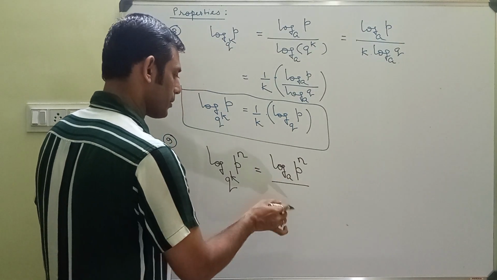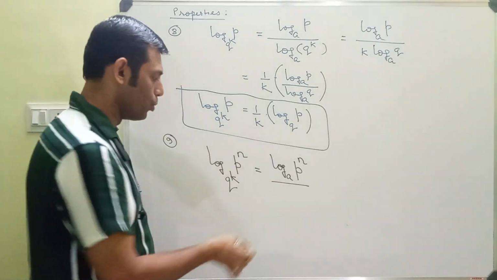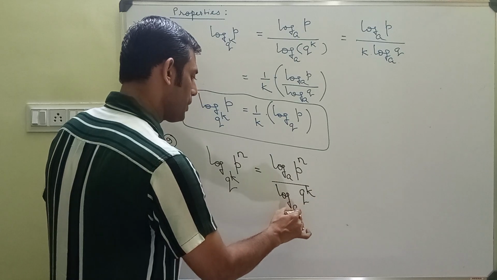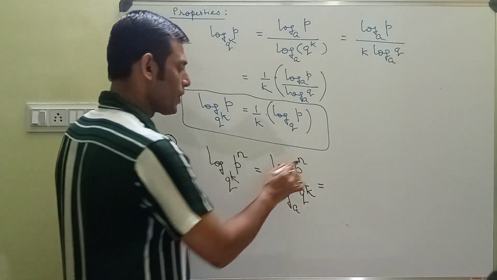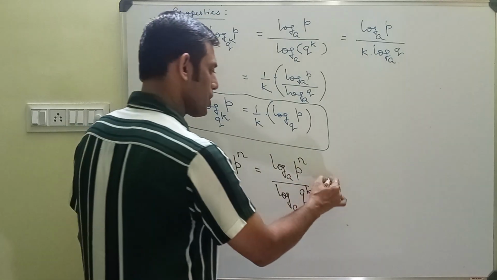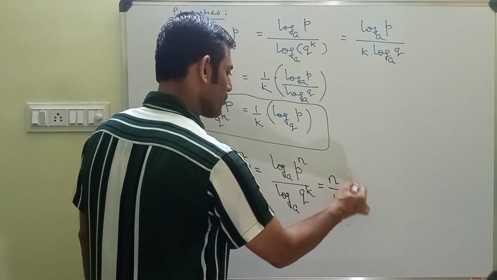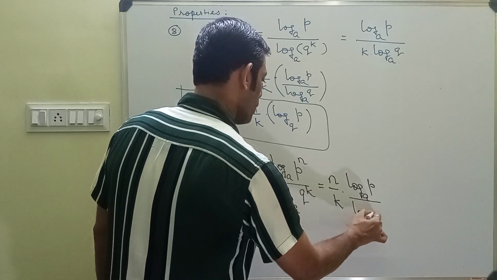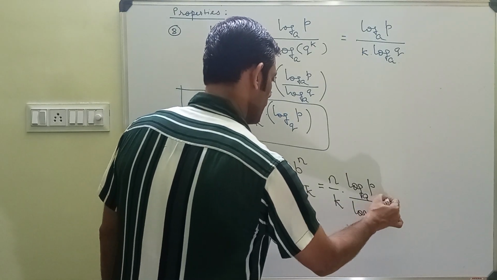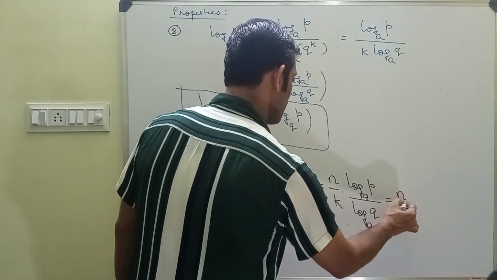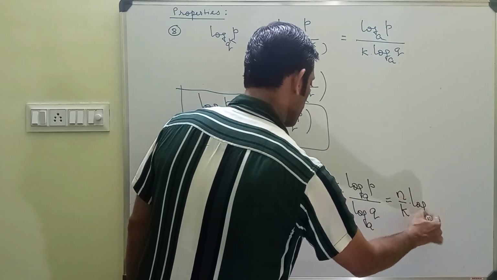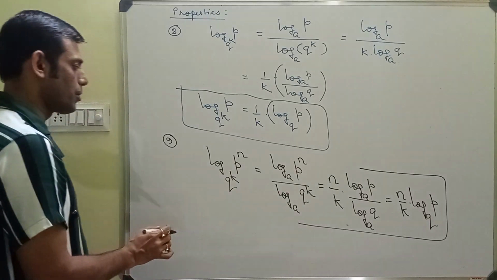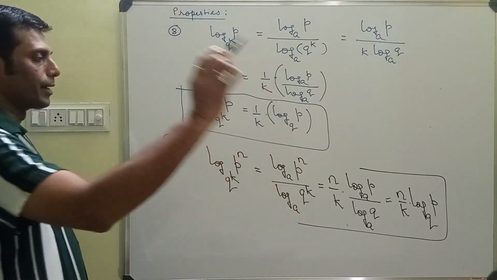Base a, by applying the base changing rule, you get log of q power k with base a. What does that make? n to the side, k to the side, n by k, log p base a by log q base a. That makes it equal to n by k into log p base q. See here, this is property number 9.